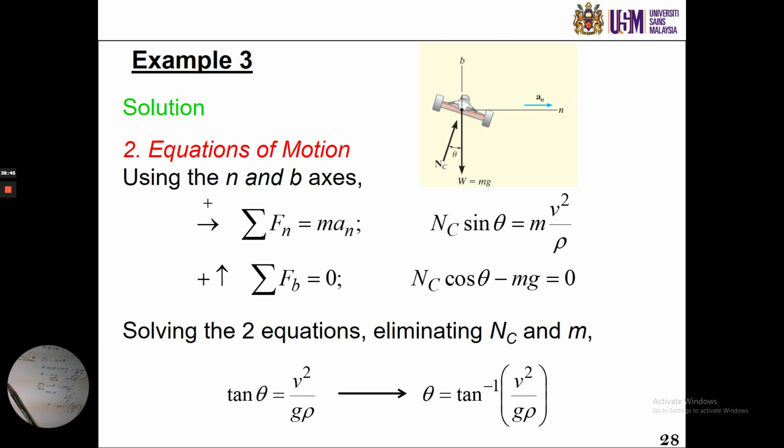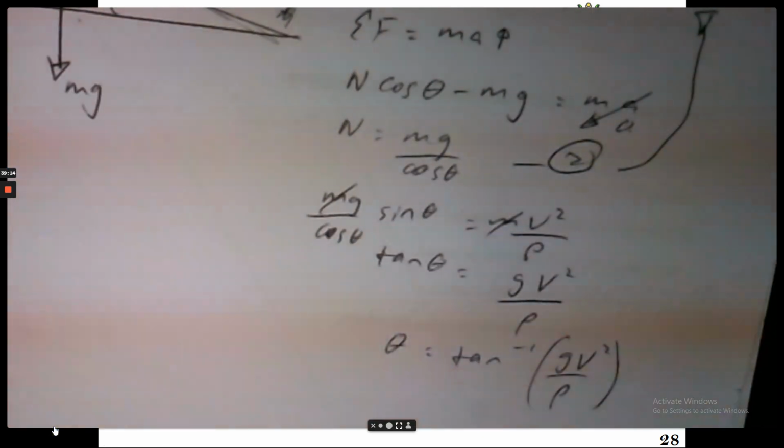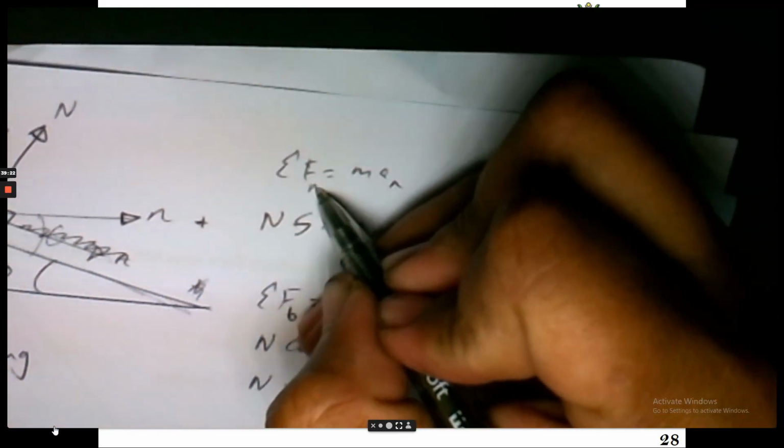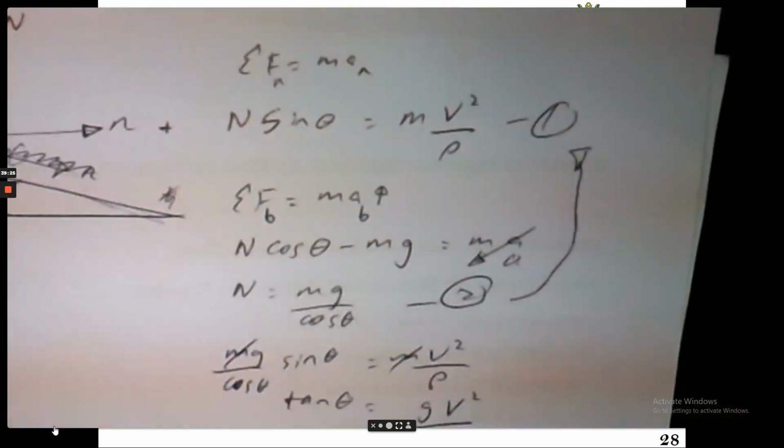Going to the right is NC sine theta equals mv squared divided by rho, and going up is the binormal component. So I should have called it binormal right here. Going up we have Fb.